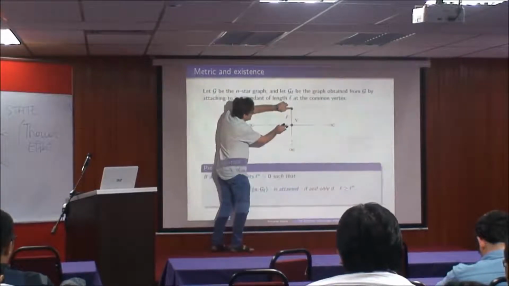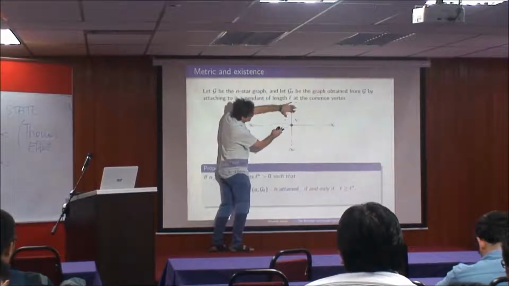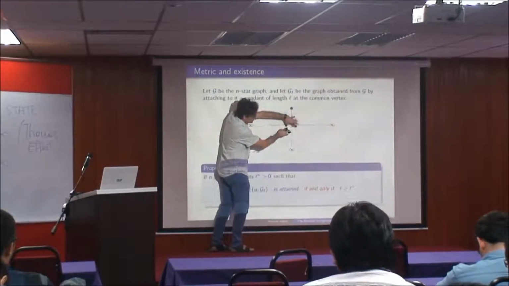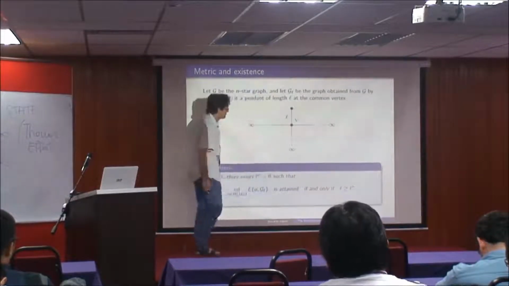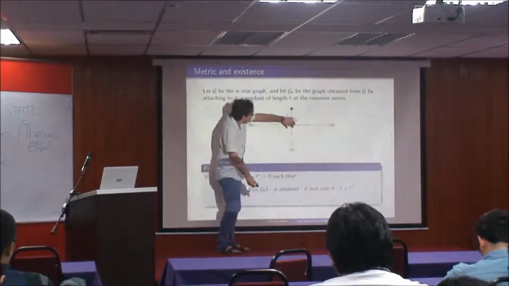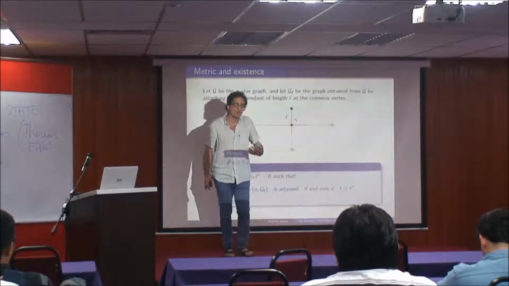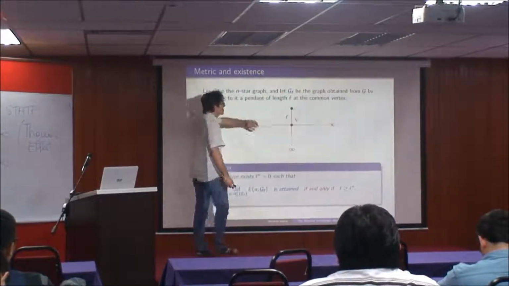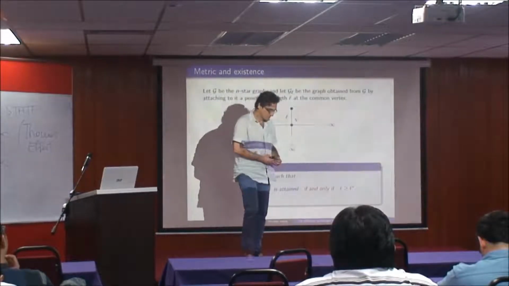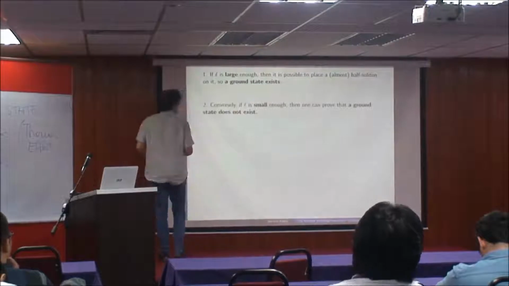So if you have almost a half soliton here, you have a very low energy. Of course, it is not exactly a half soliton, because here there is some error, some connection to be matched. But in any case, this error can be made smaller and smaller as L grows. So at some point you are able to do better than the soliton, so a ground state exists if L is larger. This is the first observation.